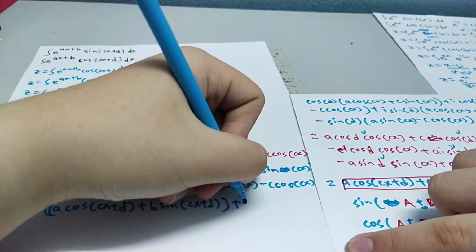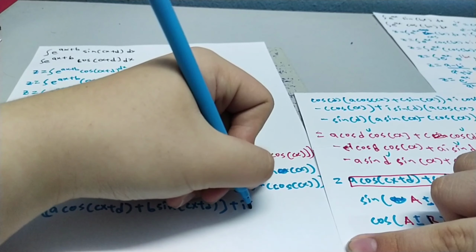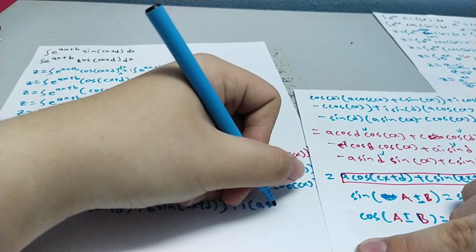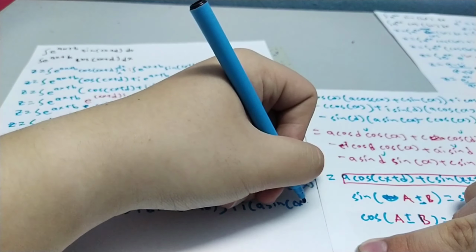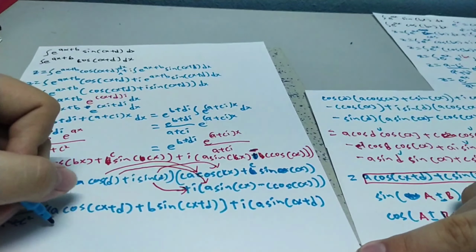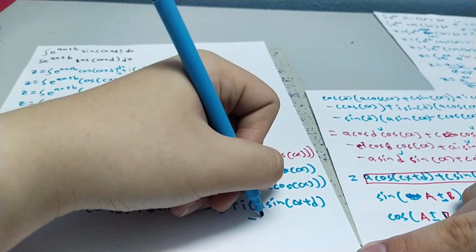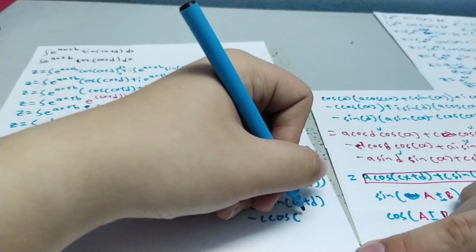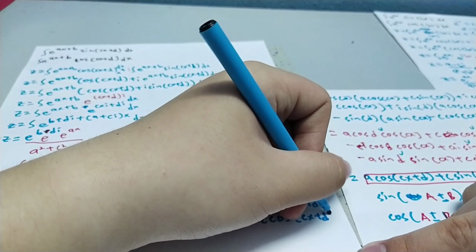plus i times a times sine of cx plus d minus c times cosine of cx plus d.